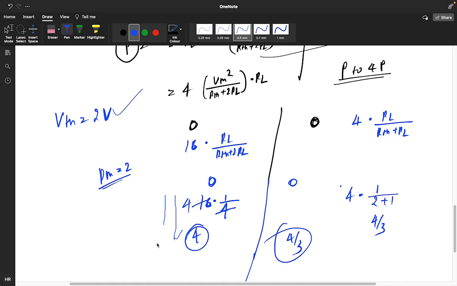Okay, is this clear to everyone? Prasanna, is this clear?